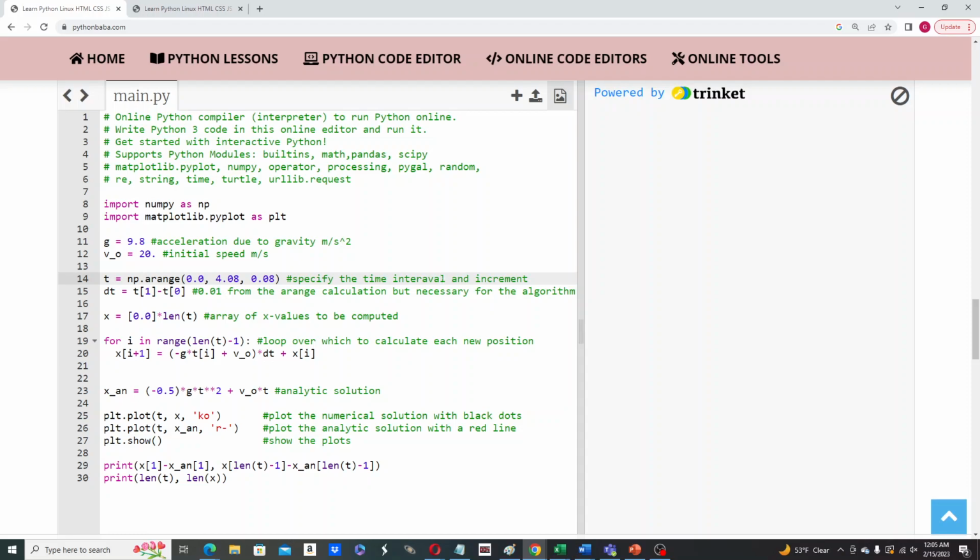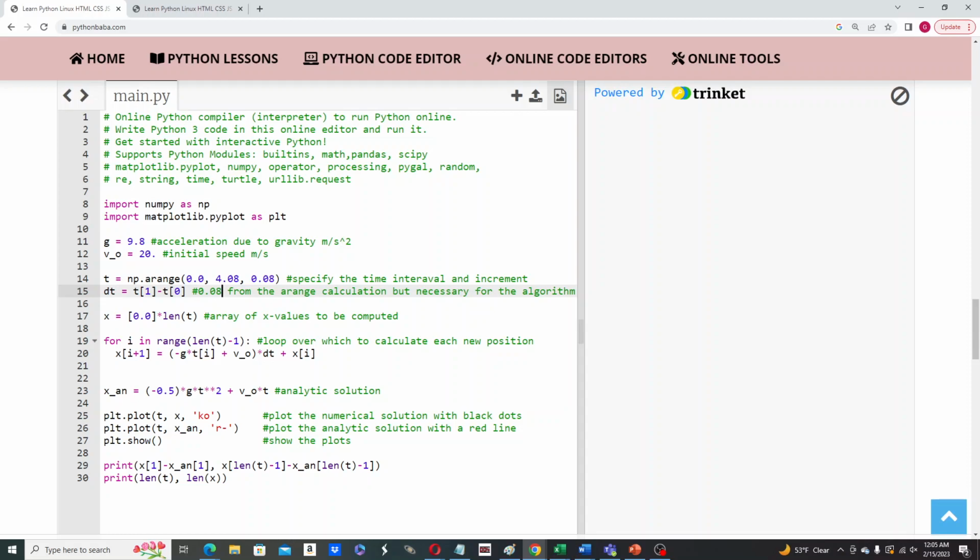And my dt, or the time increment, this was from an earlier trial, is going to be the second element in the t array minus the first element in the t array. And if the increment is 0.08, then dt should equal 0.08.